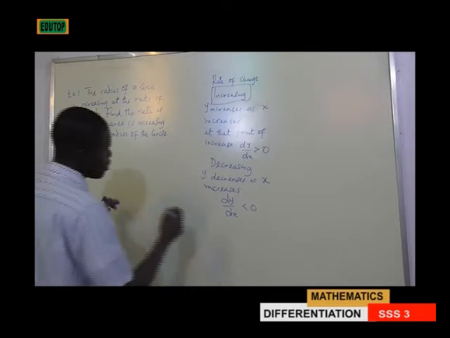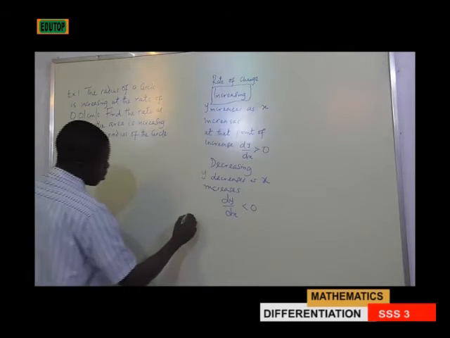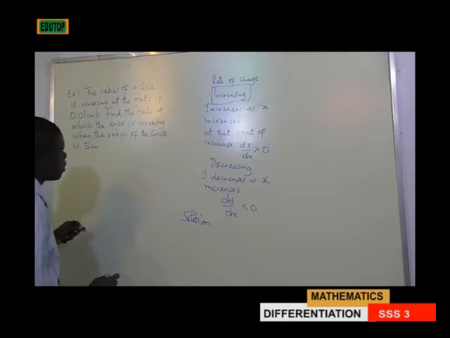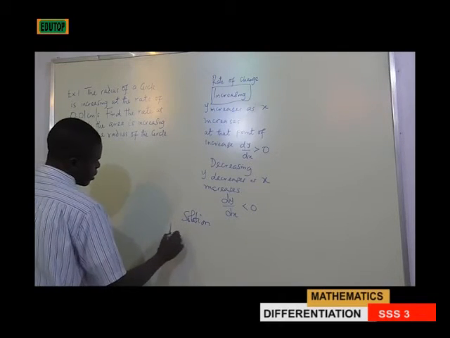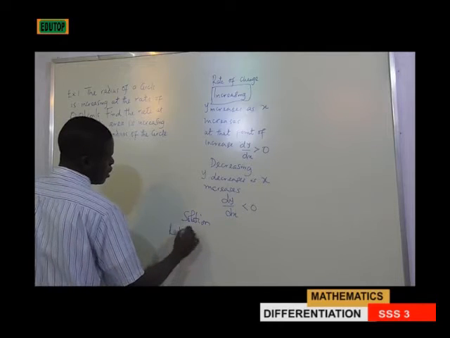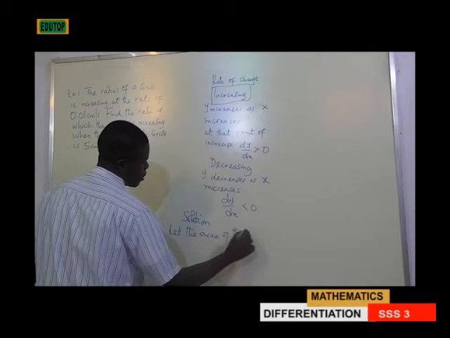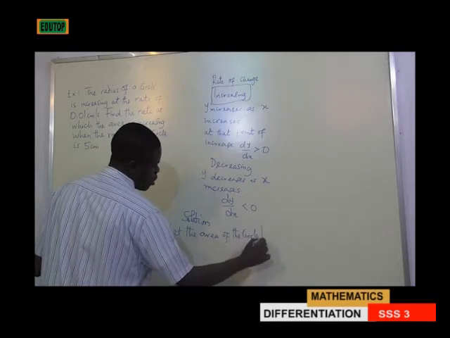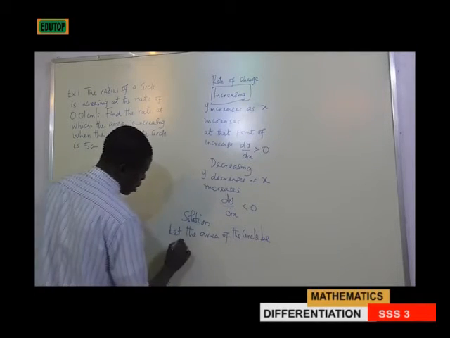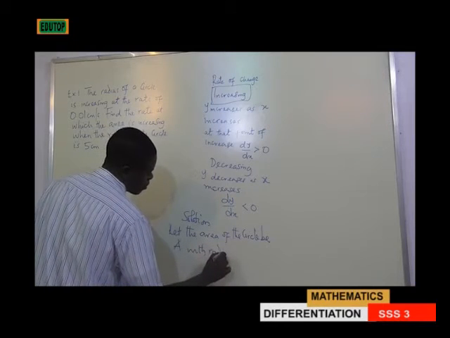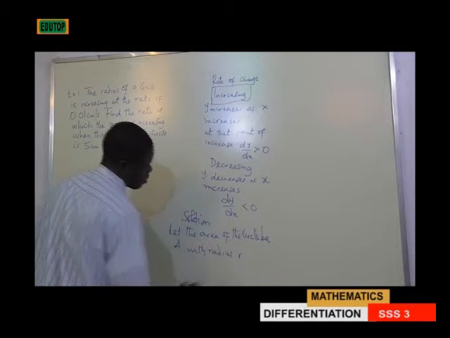If you are to attend to this problem, the solution here: we assume, let the area of the circle be A with radius r.